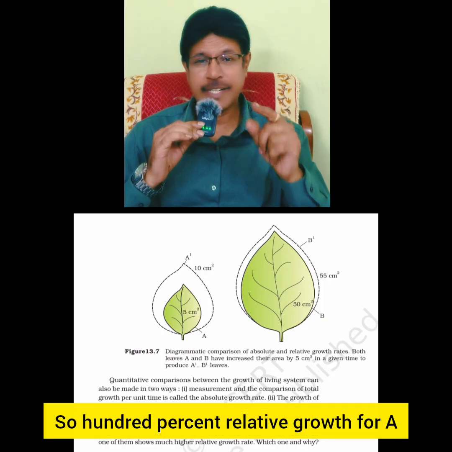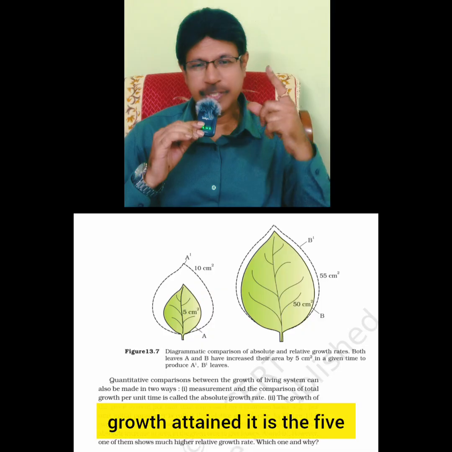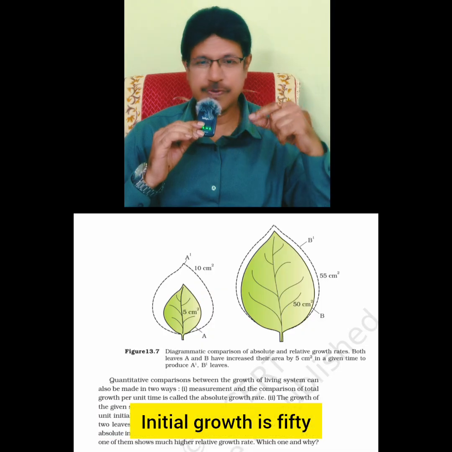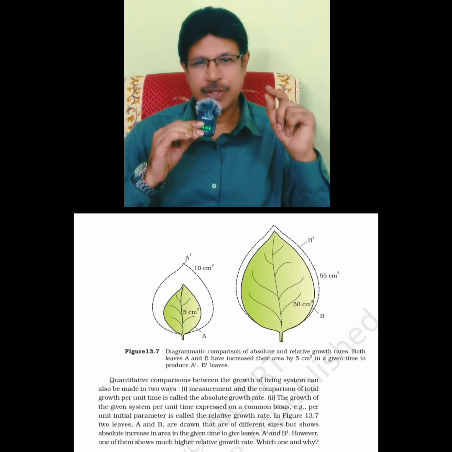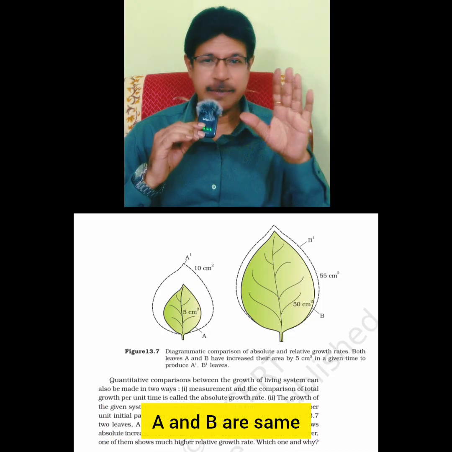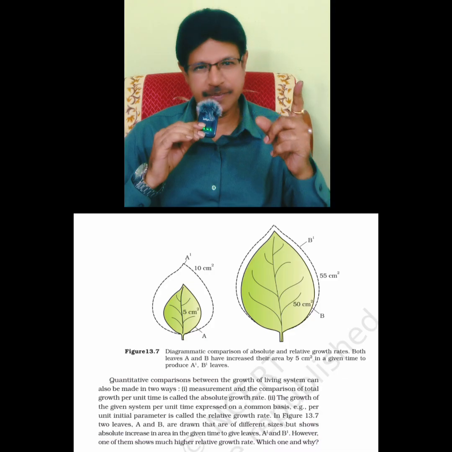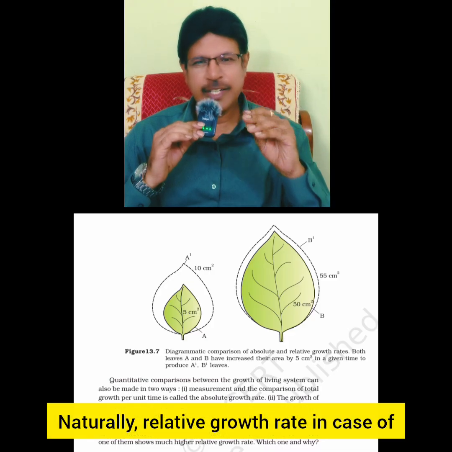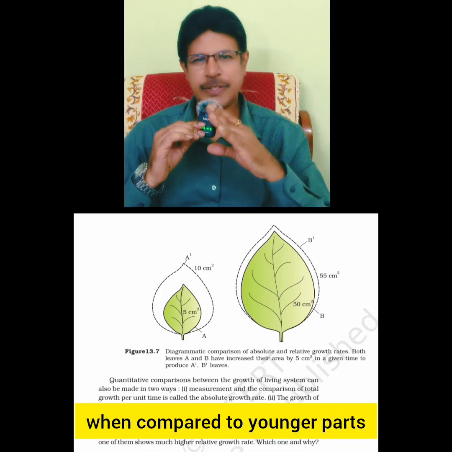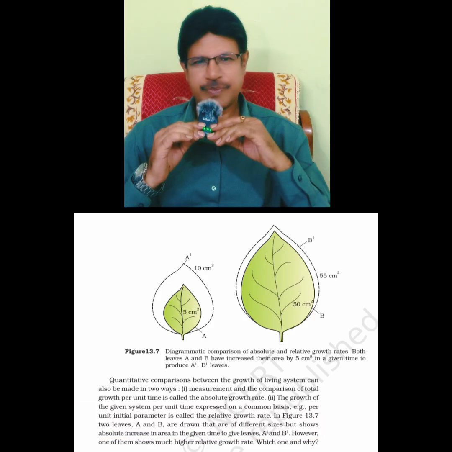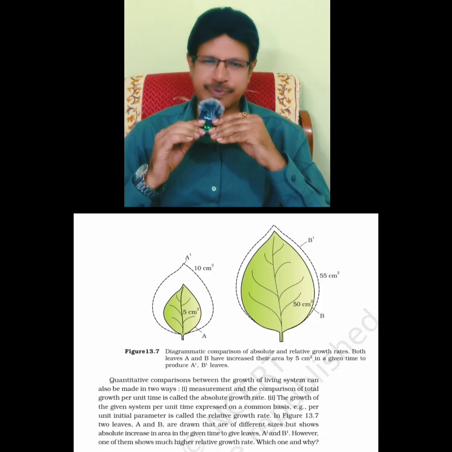So 100% relative growth for A. In case of the second one, B, growth attained is 5, initial growth is 50. 5 by 50 into 100, it is 10%. So in absolute growth rate, A and B are the same. But in relative growth rate, A is more than B. Naturally, relative growth rate in older parts is less when compared to younger parts. So final size depends upon initial size.